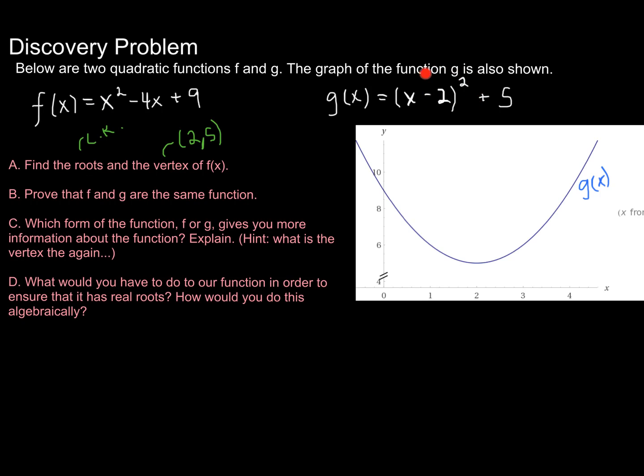I personally think it'd be much easier to just FOIL out x minus 2 times x minus 2. But if you really wanted to, you could complete the square for f of x and go that route. But what I would recommend doing is squaring out x minus 2 times x minus 2 by FOILing, and you'll see that you get the exact same thing that we have for f of x. And so since they are both exactly the same, they must be the same function.